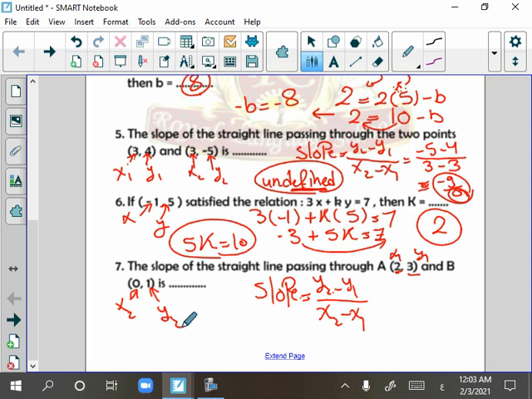By substituting in our law, the answer will be 3 minus 1 divided by 2 minus 0. Okay, it will be 2 over 2 equal 1.